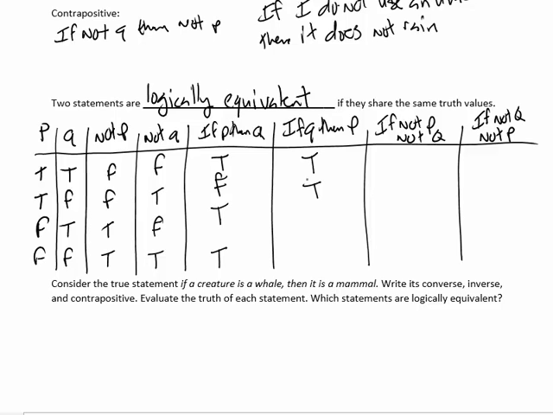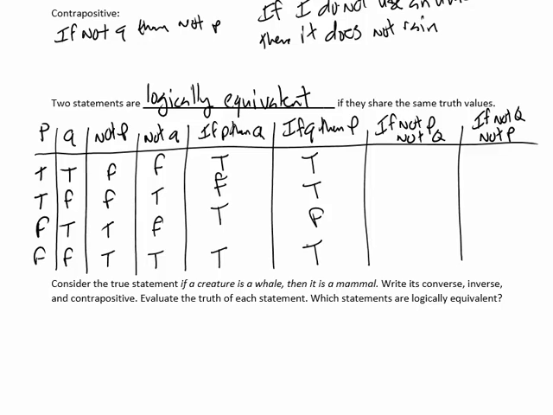Then the reverse: if Q is true and P is false, that's actually false. And if Q is false and P is false, that's true. So notice the last two rows in the middle, the F's sort of switch places. That's a neat observation to make.